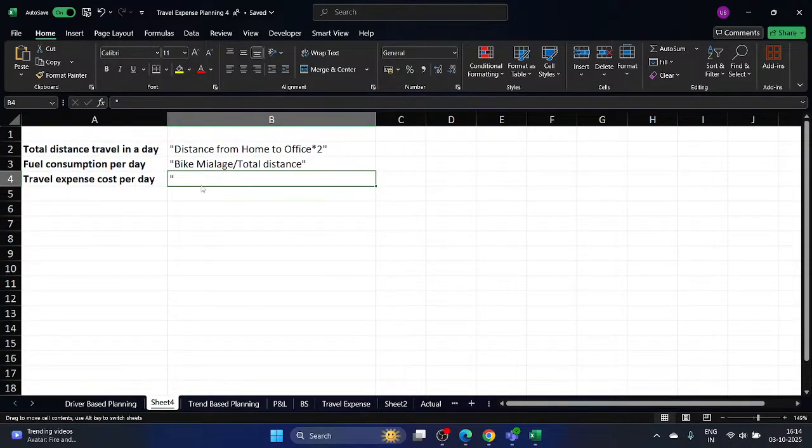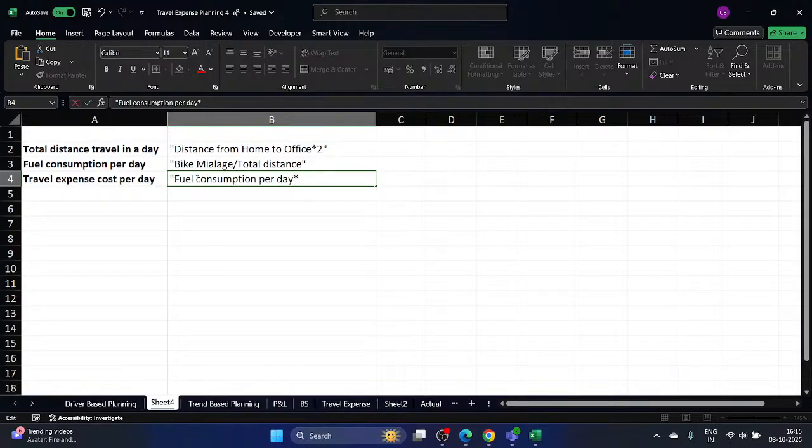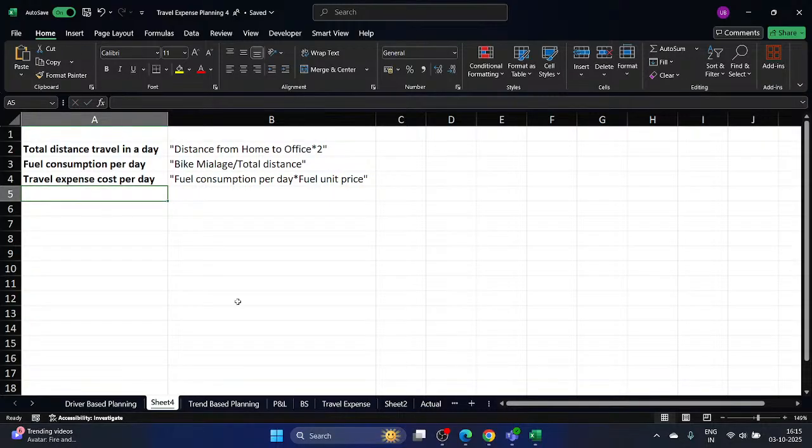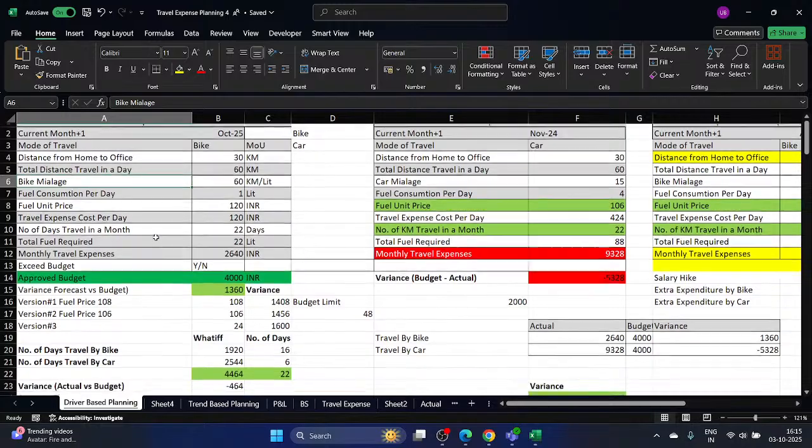Yes, it could be fuel consumption per day, multiplied by the fuel unit price. So we are taking the particular driver under it.